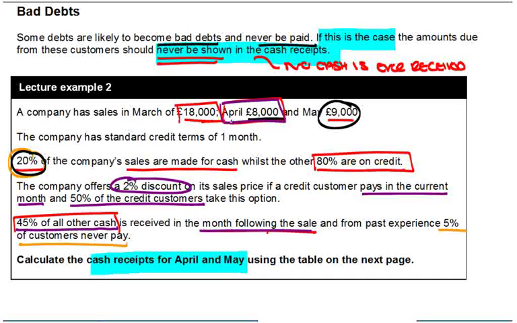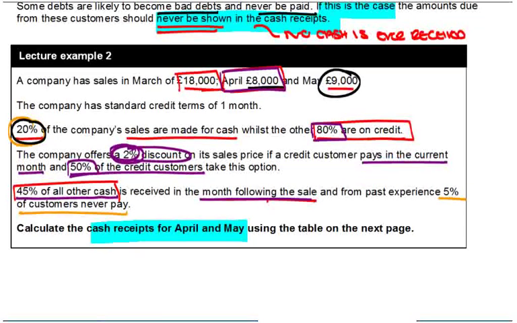So, £8,000 worth of sales, 80% are on credit, and 50% of those take up the early settlement discount, which is a 2% discount. So I'm going to take my 8,000, 80% of those, times another 50%, which take up the early settlement discount, times 98% to take into account that 2% discount on that sales value.